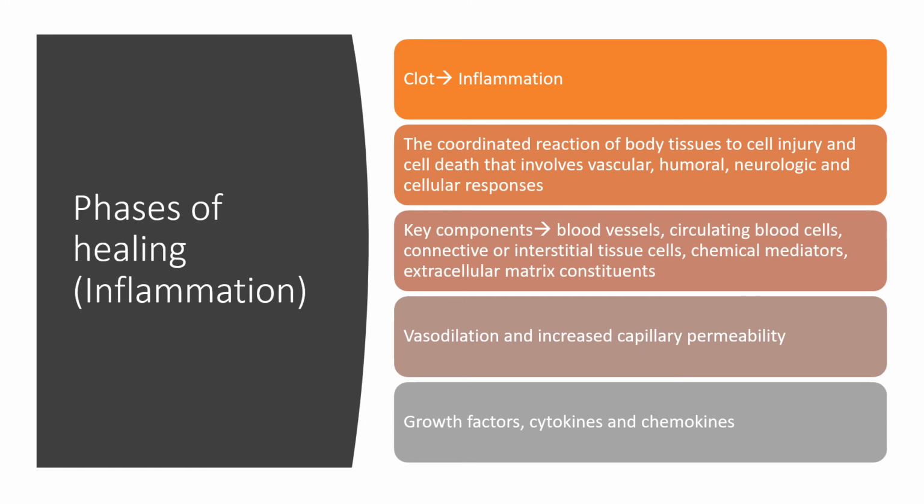Five days after the injury, the fibroblasts, as well as the epithelial cells and the vascular endothelial cells, move into the wound to form the granulation tissue. There are some extracellular matrix constituents that I want you to be aware of.